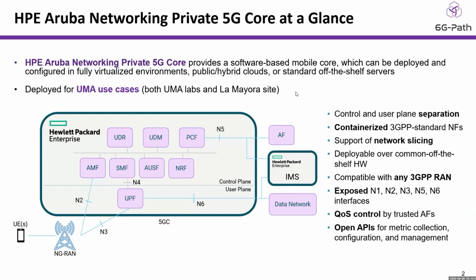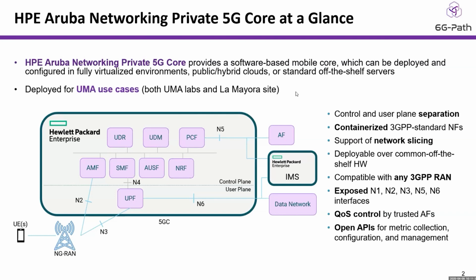And it includes all the main network functions, as you see in the pictures, that deploy a complete end-to-end core network system. And the HPE 5G core is a standalone, fully virtualized solution, completely compliant with the 3GPP specification for the end-to-end connectivity, of course.